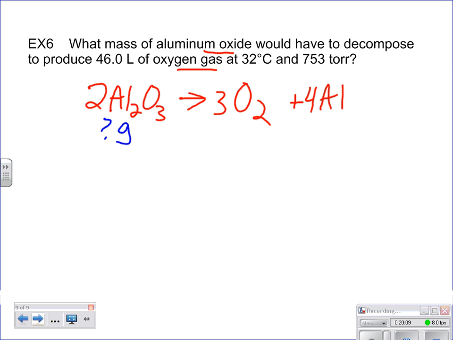Question mark grams whenever it asks for mass. And we want to produce 46 liters of oxygen at this temperature and this pressure. So 46 liters at 32 degrees, which is the same as 305 Kelvin, and 753 torr.